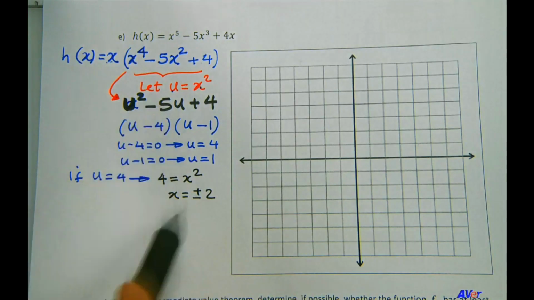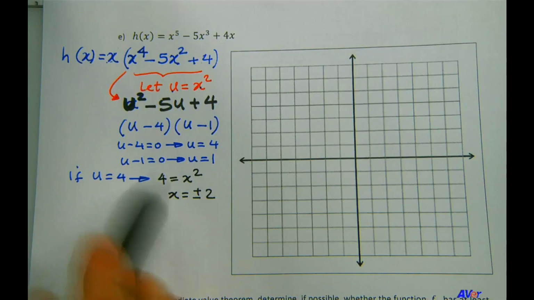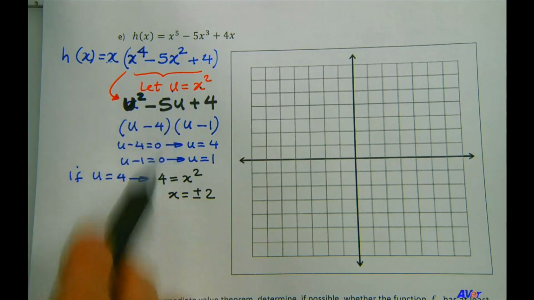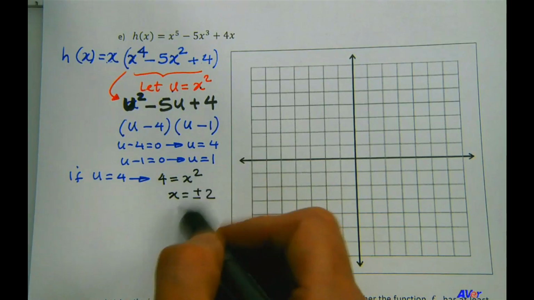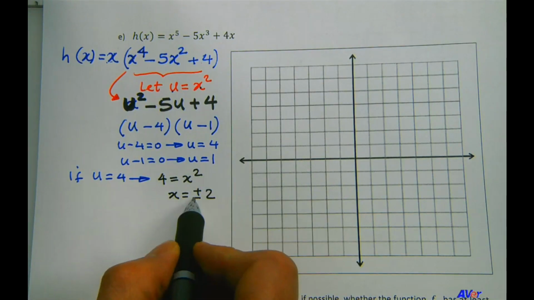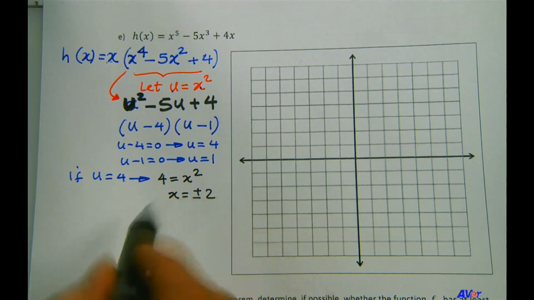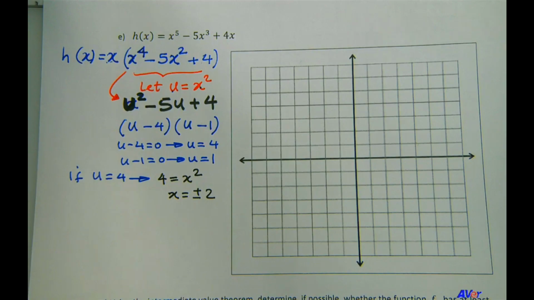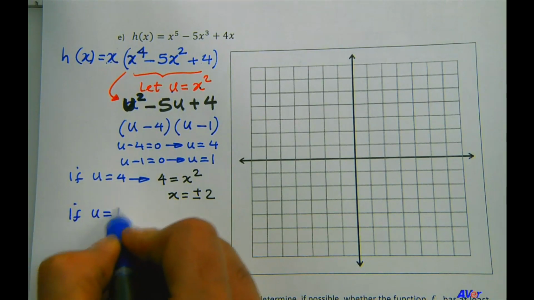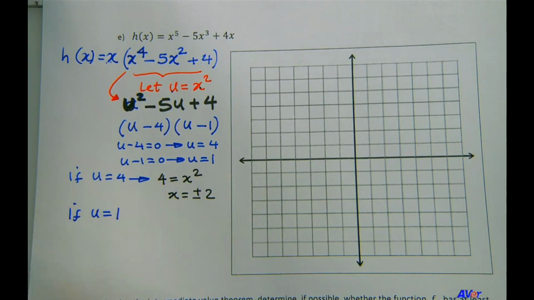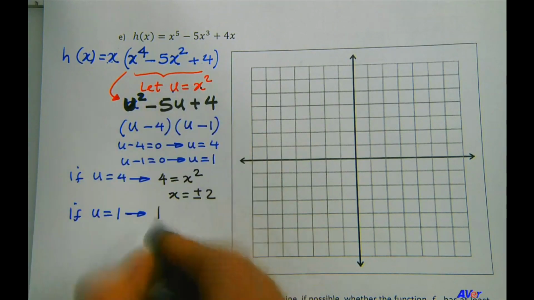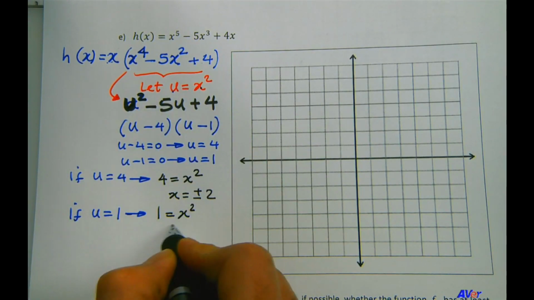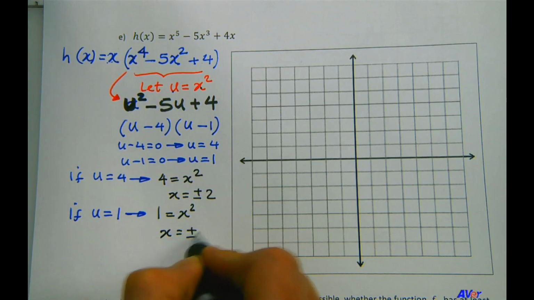Taking the square root of both sides, we end up with x equals plus or minus 2. Then if u equals 1, we're substituting back to calculate x. 1 equals x squared, then x equals plus or minus 1.